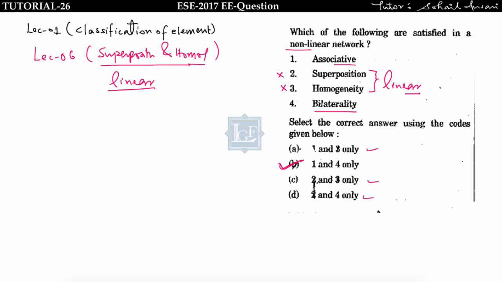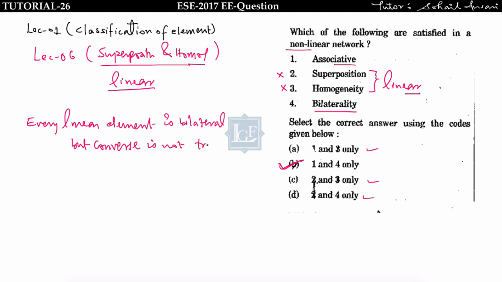But I will talk about the bilateral network. I have discussed this bilateral network in lecture number 1, the classification of elements, and I wrote down one statement that every linear element is bilateral, right? But the converse is not true. What do you mean by this?